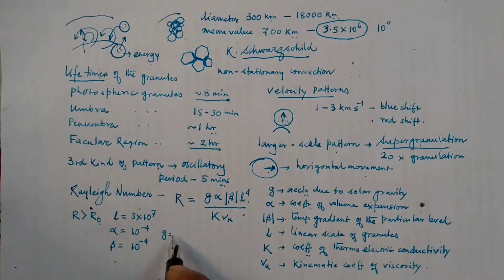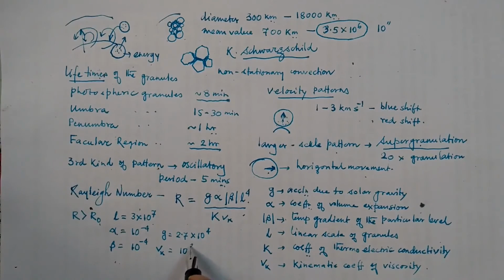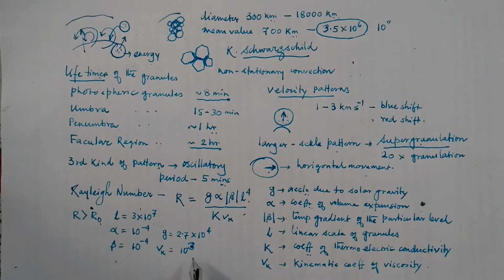G is 2.7 into 10 to the power 4. Vk is about 10 to the power 3, the atomic viscosity. And K is about 10 to the power 12. This K we determined from the radiation field.